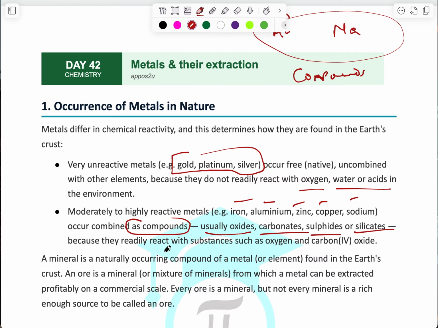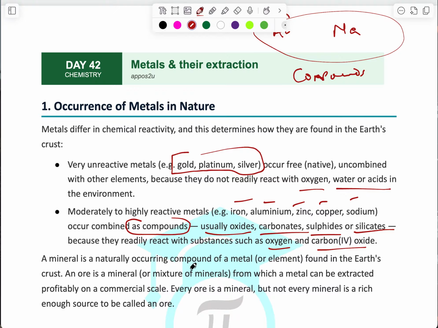This is because they readily react with substances such as oxygen, carbon dioxide, and sulfur. Because these are present in the earth and in the atmosphere, these metals easily react with them, and therefore you don't find them lying around on their own without being combined with something else.